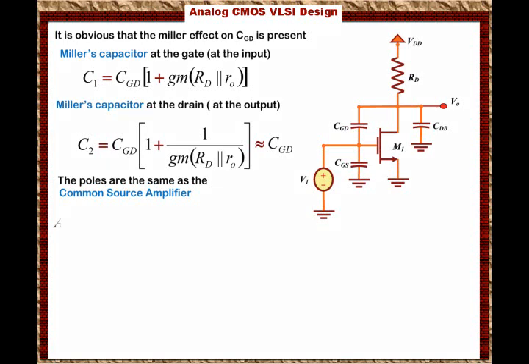Then we say that the differential gain A(s), which is Vout over the differential voltage, that is V2 minus V1, will equal minus gm times RO in parallel with RD.